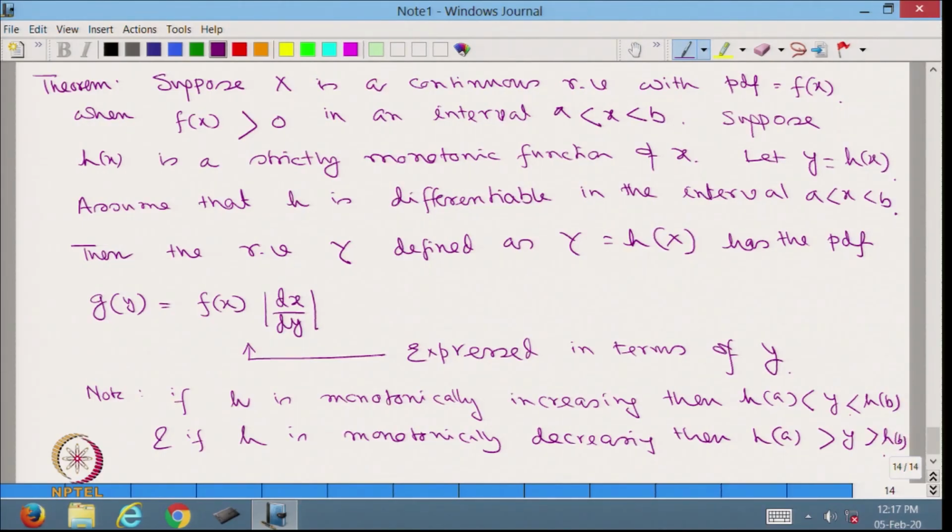So, that is the theorem. We are obtaining the PDF of Y by looking at the PDF of X, but this we are expressing in terms of y. That means, we are using h inverse here, and we are looking at the derivative of x with respect to y, and that also is expressed in y.